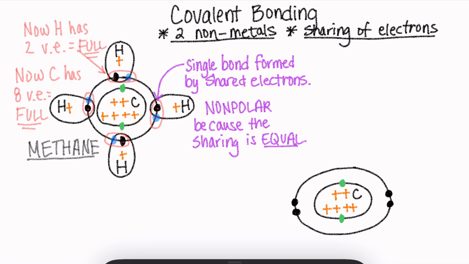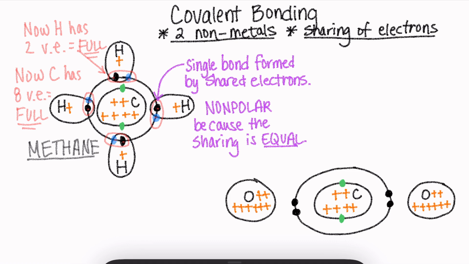So instead of bonding with 4 hydrogens, it could bond with 2 oxygens. So I'm going to put O over here for oxygen. And oxygen has 8 protons. I'm going to put that here like this. So its valence shell will have 6 electrons, but we'll do the first shell like this.